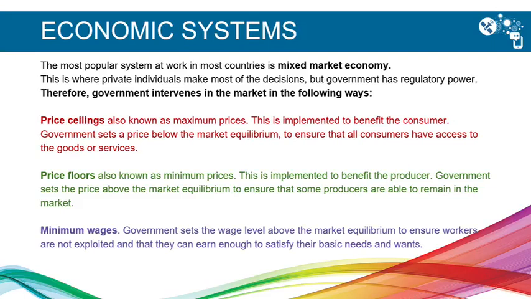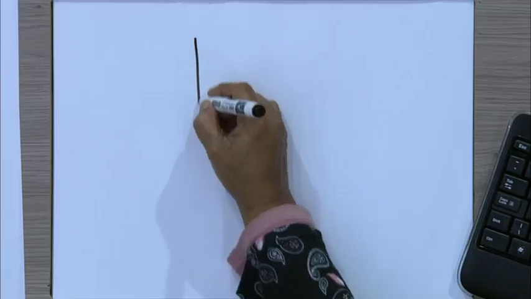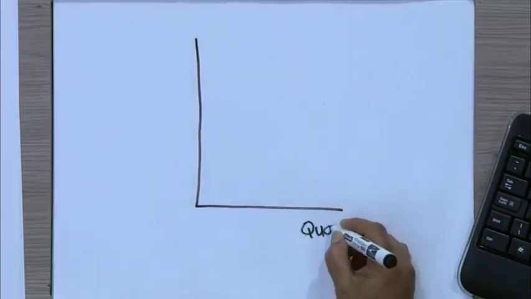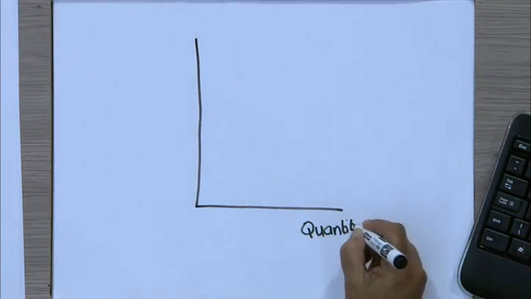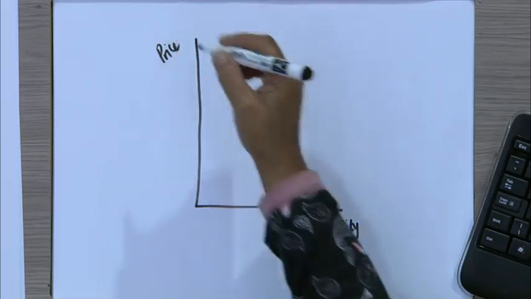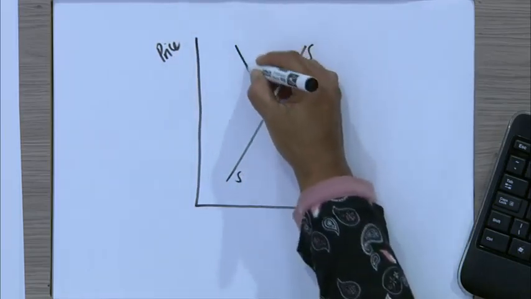Right, and then the last one, or one of the biggest ways in which governments also intervene, is with the minimum wages. Now, your minimum wage works exactly the same way that your minimum price would work, because remember, wages is nothing else than the price that you're paying for labor, right?